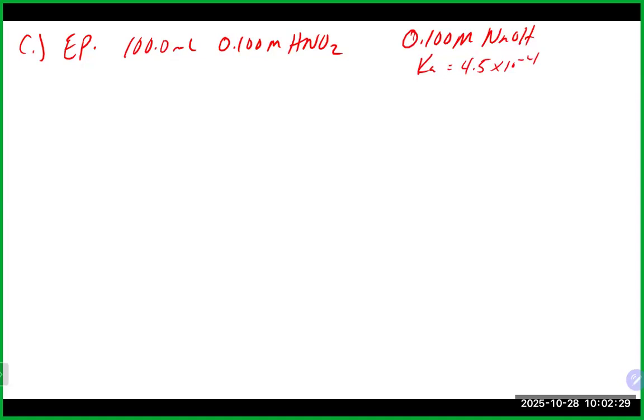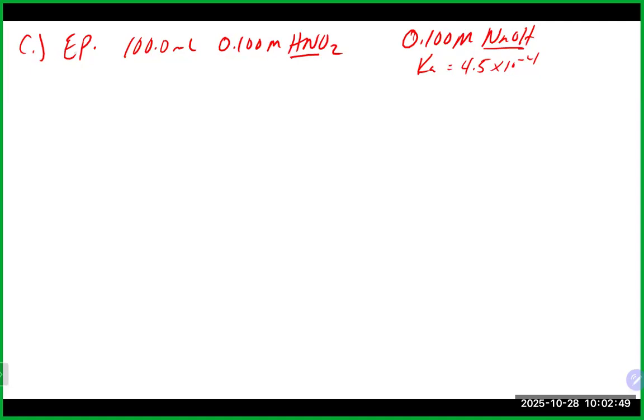Again, here they don't actually tell you the volume to reach the equivalence point, but you will need to know that. So once again, you could find it a couple different ways. In this case, because it's a one-to-one relationship between the acid and the base, you could use M1V1 equals M2V2.